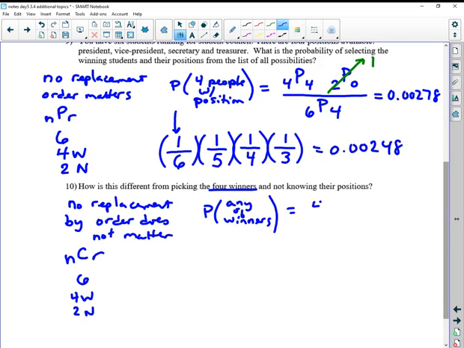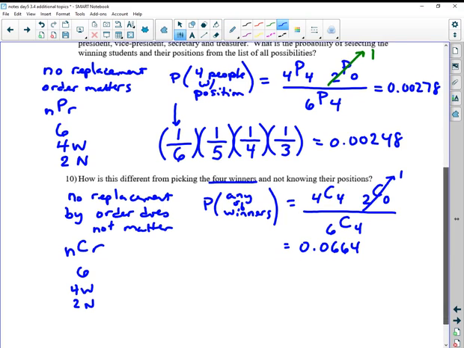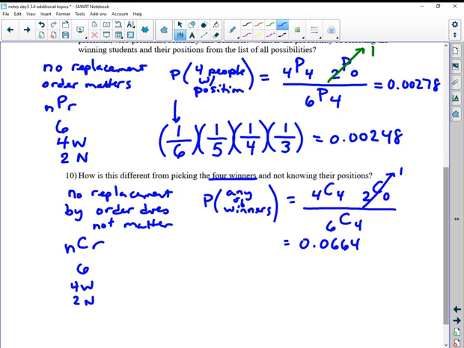Out of the 4 that are there, I want to pick 4 of them, and there's only going to be one way to do that. And then this is still going to be 1 as well. There are 6, and we don't care about the order, so this automatically gets rid of those reorderings, and so that's the probability of that happening.